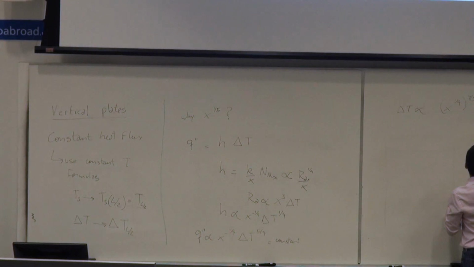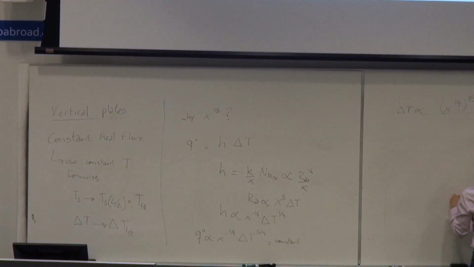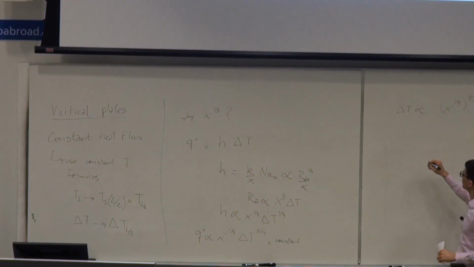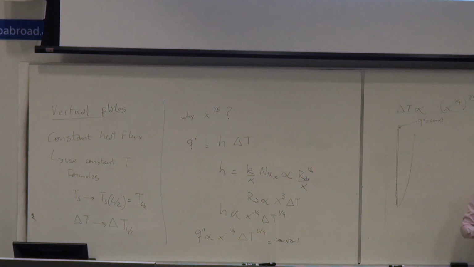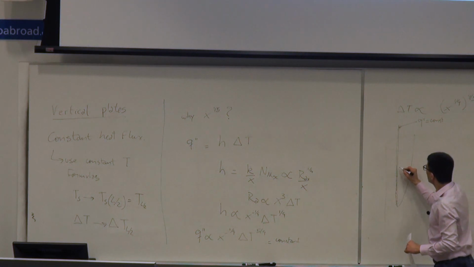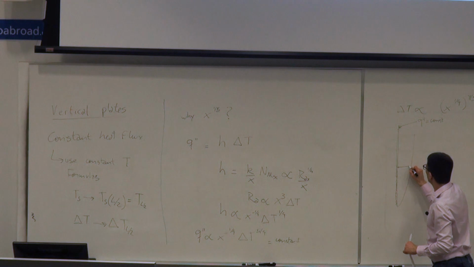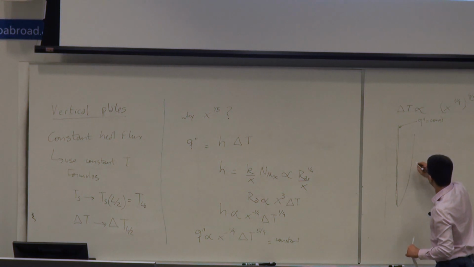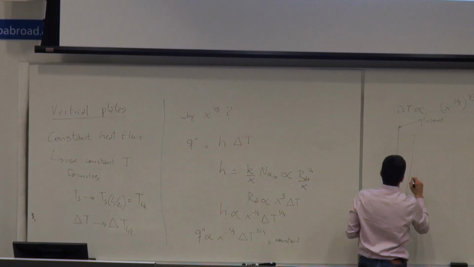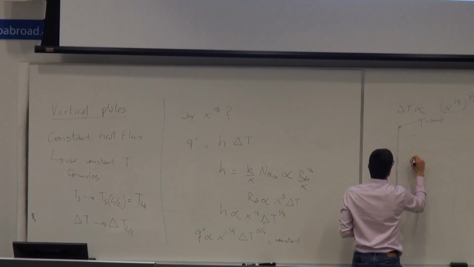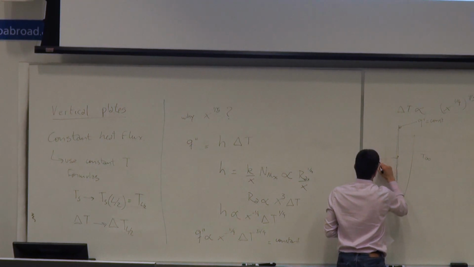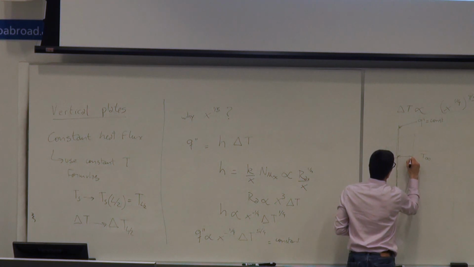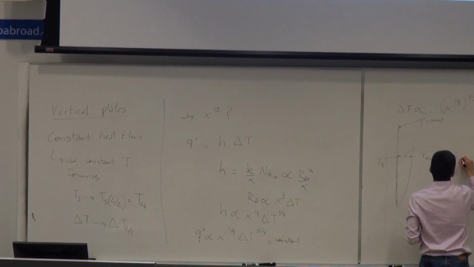This is x to the 1/5. So when we have a constant q double prime, the difference in temperature between T infinity and the surface temperature, this difference, grows like x to the 1/5.